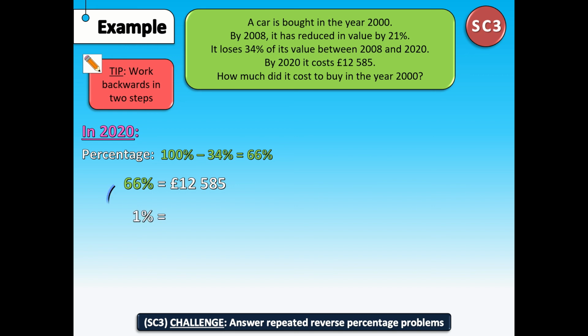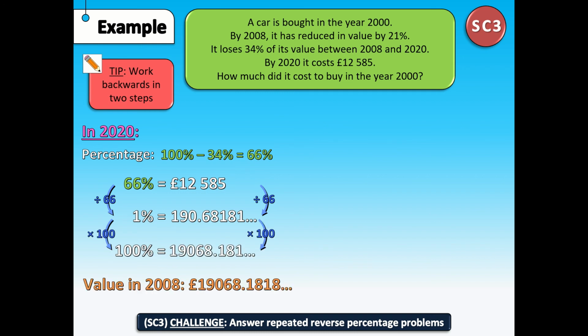So if we work out 1%, and then times by 100 to work out 100%, we can see in 2008, the car cost £19,080.68.